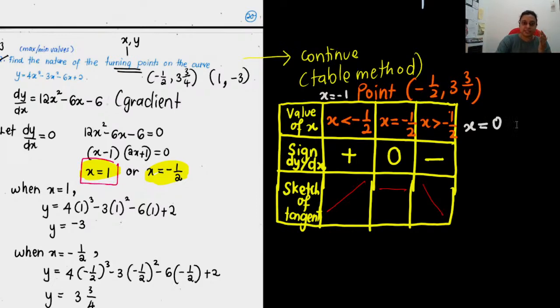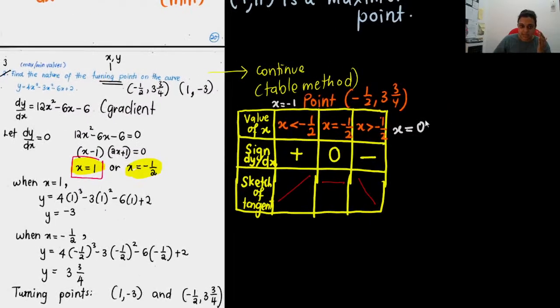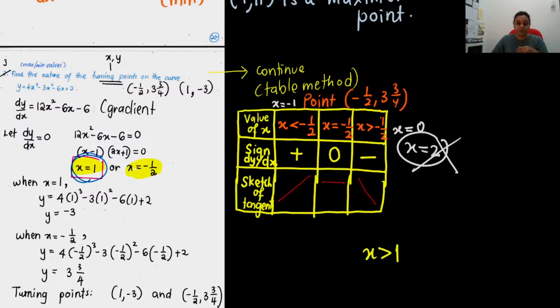Okay, for example, just now teacher chose x equals 2, right? The reason why we should not choose x equals 2 is that in your answer here there is already x equals 1. Later, when we do another table after this, there will also be one part with x bigger than 1, so later I need to choose 2.